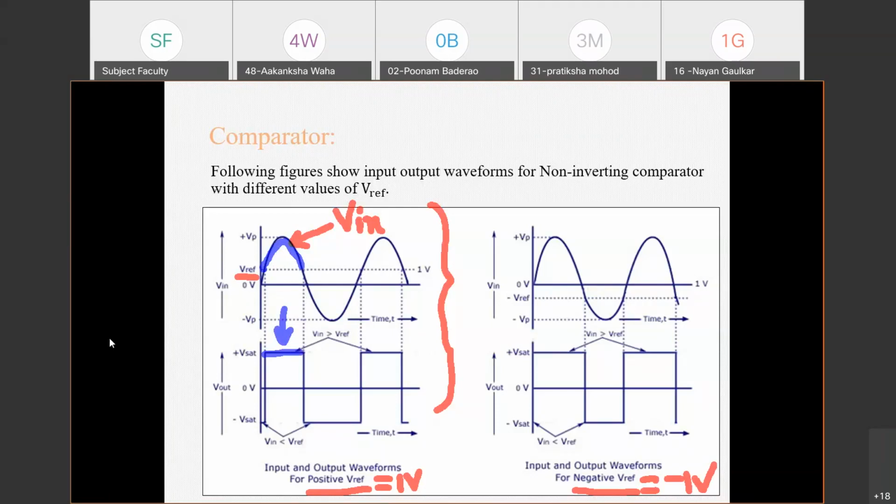I will again use another denotation. Okay. Now again we will proceed to this particular region of your input wave. Now tell me someone, what will be this V in? It will be greater than V reference or less than V reference?